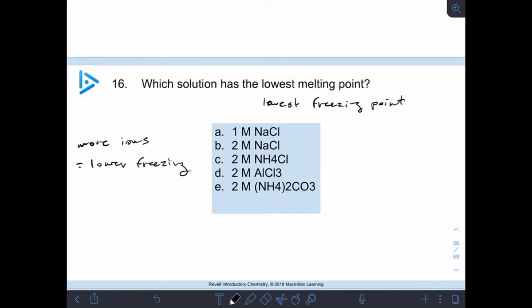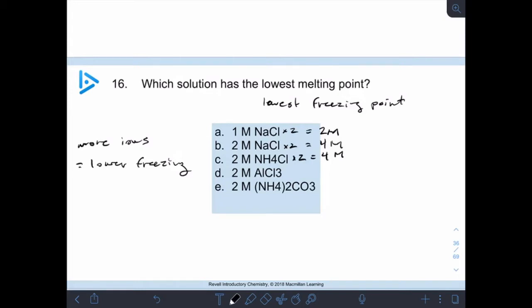Okay, so let's look at our first option here. Sodium chloride has 2 ions per molecule. So that means that I've got 2 molar ions there. Same thing here, so that gives me 4 molar ions with that solution. NH4Cl, ammonium chloride, that's NH4 plus and Cl minus, so there's 2 ions there, so it's also 4 molar.